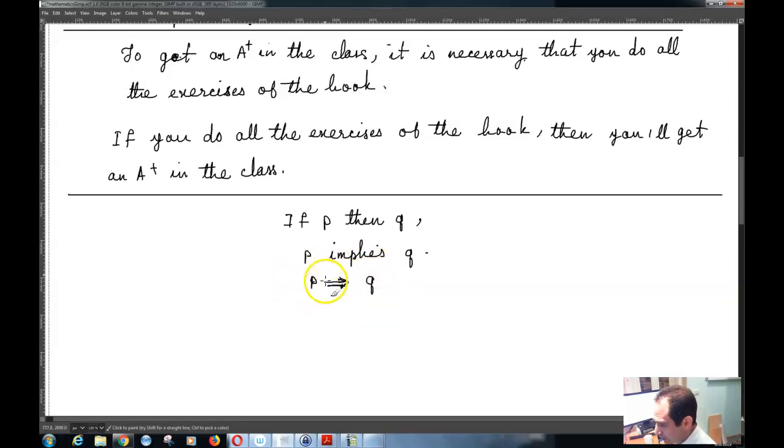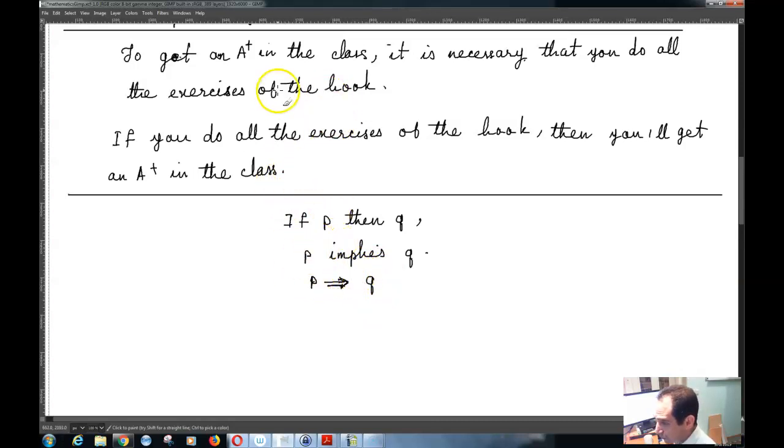If P is a sufficient condition for Q, that means that knowing that the number is a multiple of 9 is sufficient to conclude that the number is a multiple of 3, right?